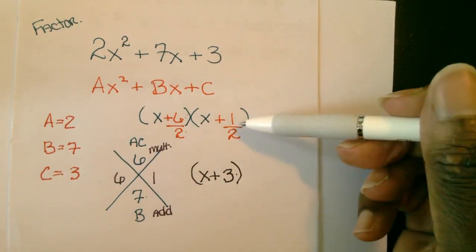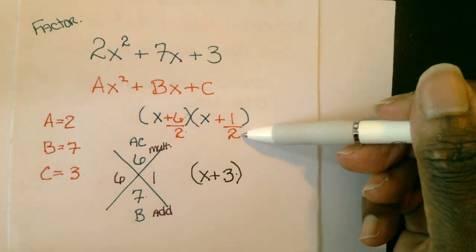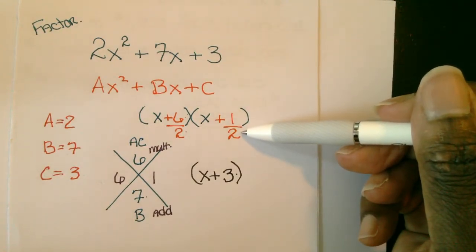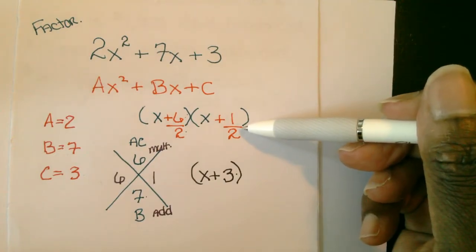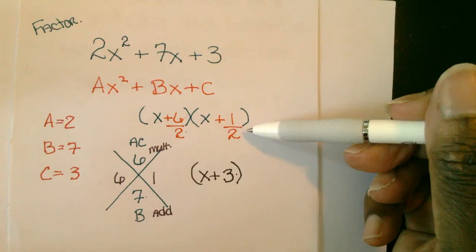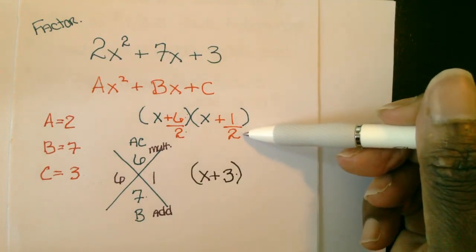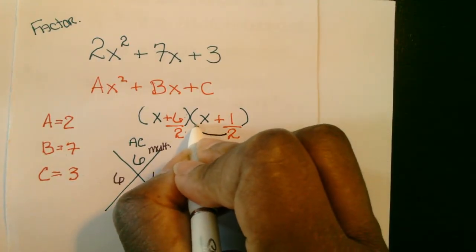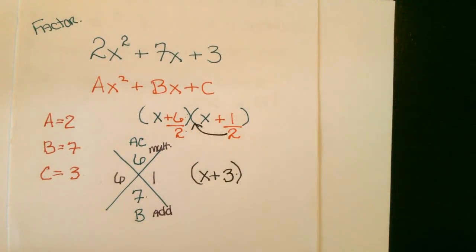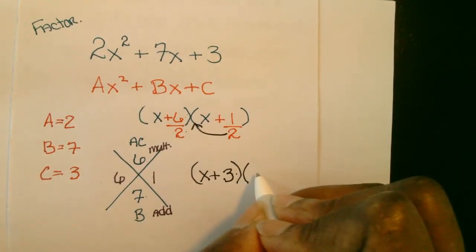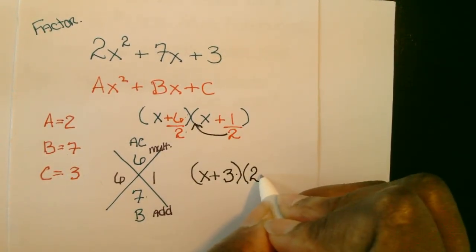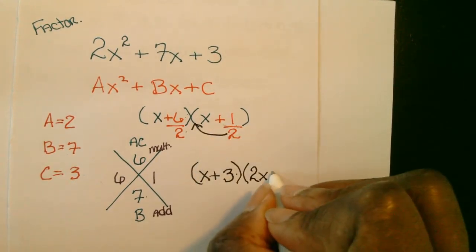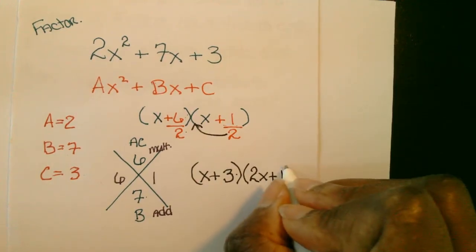Now, we have 1 divided by 2. Will that give me a whole number? No, 1/2 gives you 0.5. Since it doesn't give me a whole number, I'm going to slide. So my parenthesis is going to be 2x, and then I write everything that I see, which is the plus 1.